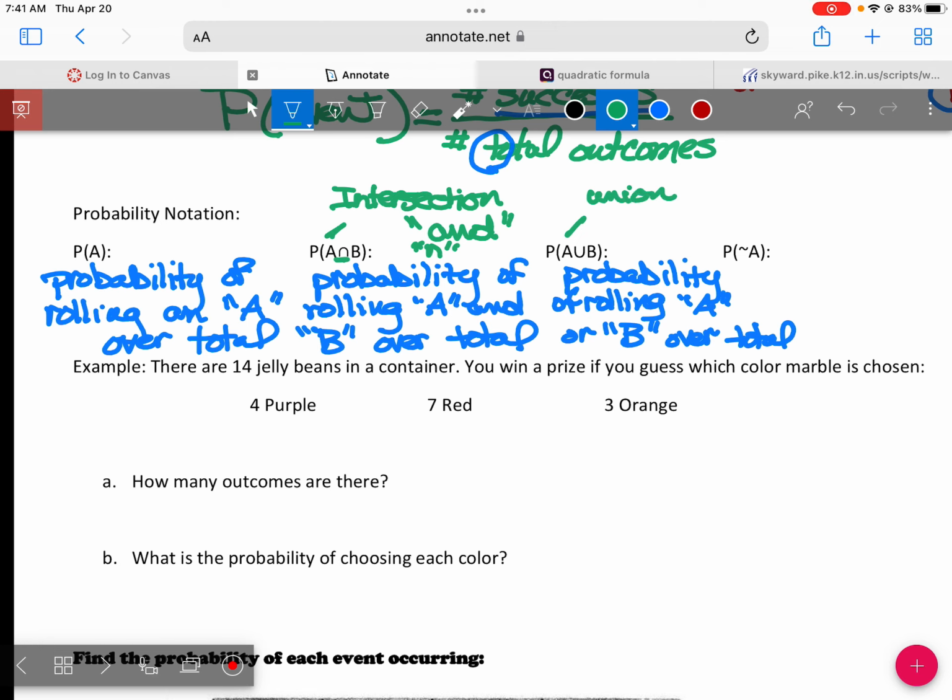Like if you have a group of teachers or a group of plumbers or something, we are for the union, okay? And for reminds us and sounds like or. Okay, if we're for the union, it's that it's A or B. We're for the union, A or B. Everybody can join the union, all right? So we're combining everyone in that place, all right?